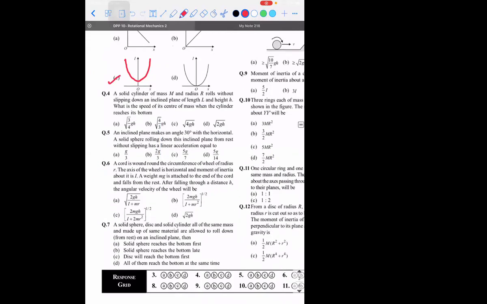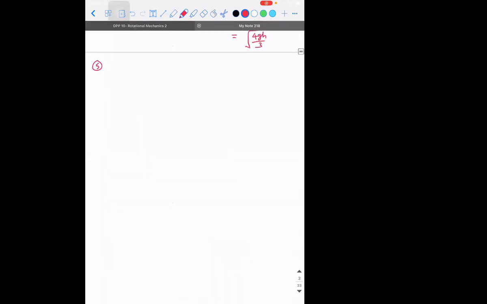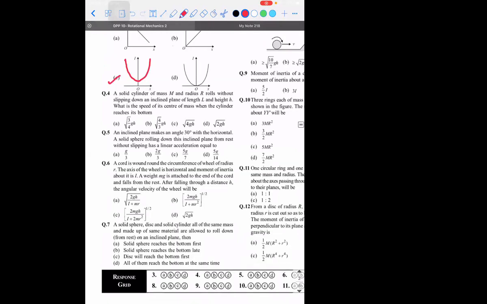So an inclined plane makes an angle of 30 degrees with the horizontal. A solid sphere rolling down its inclined plane from rest without slipping has linear acceleration equal to. So this linear acceleration also has a formula. I will derive and show. First, let me copy this question.